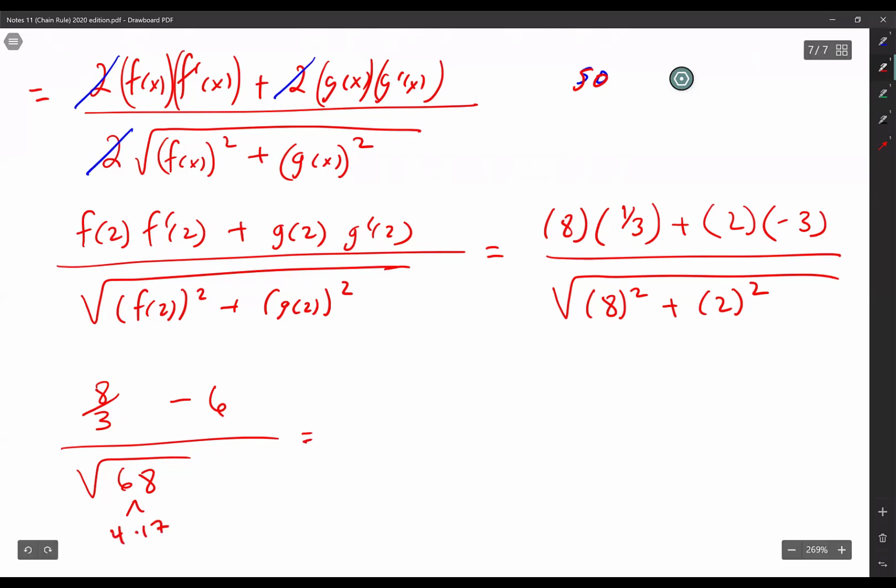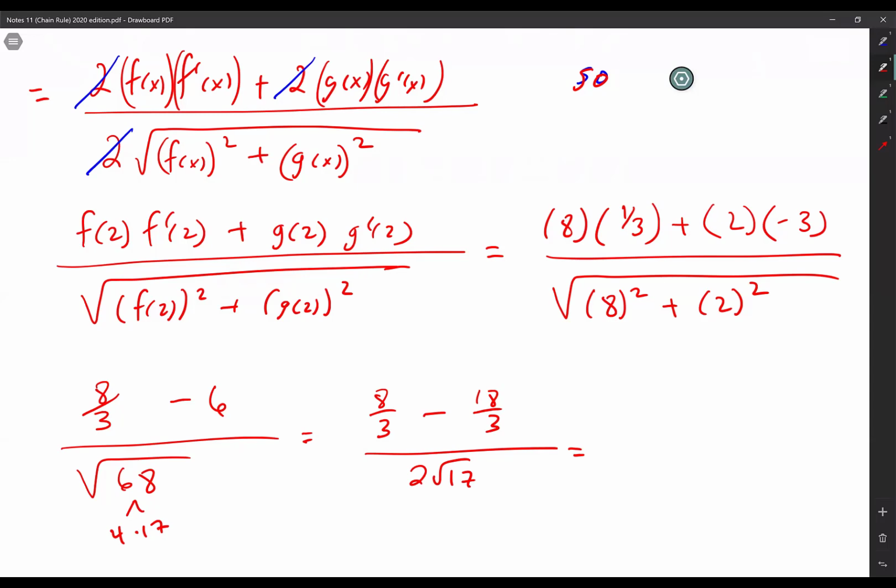So let's do the common denominator here, 6 times 3. So 8/3 minus 6, 12, 18. 18 over 3 over 2 square root of 17. 8 minus 18, that's a negative 10 over 3 over 2 square root of 17. So negative 10 over 6 square root of 17.